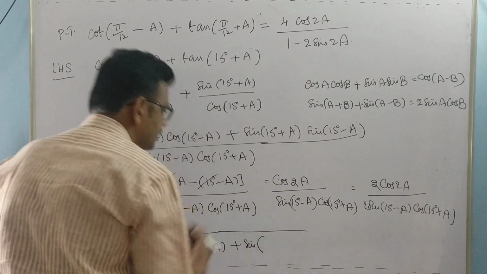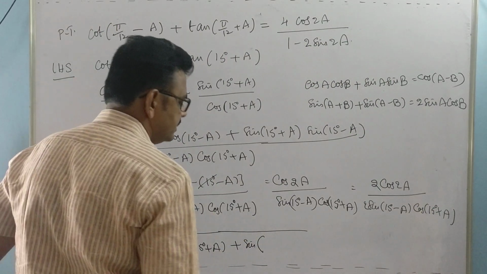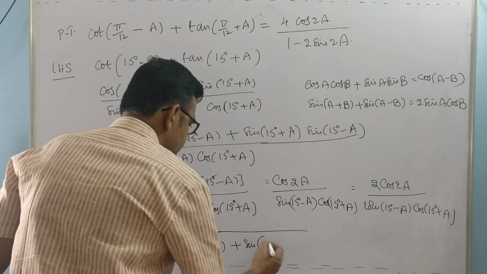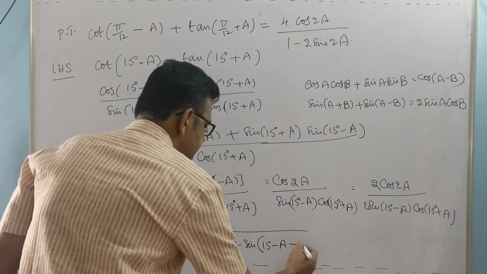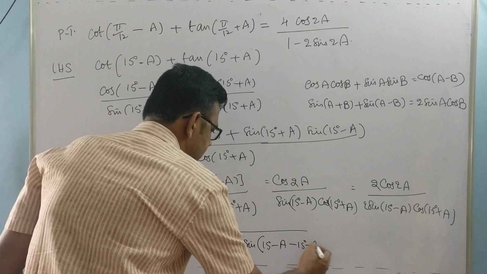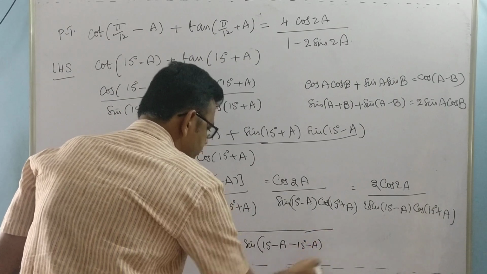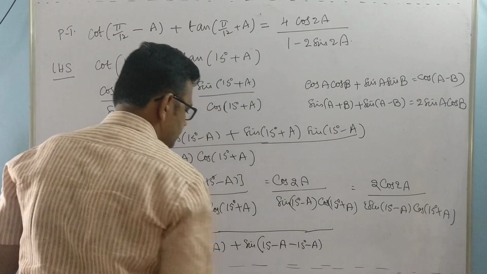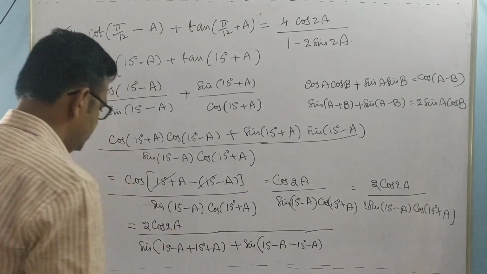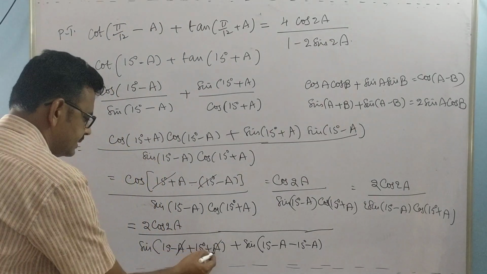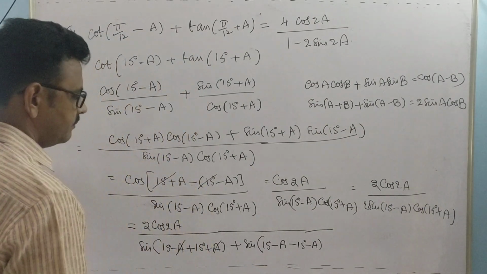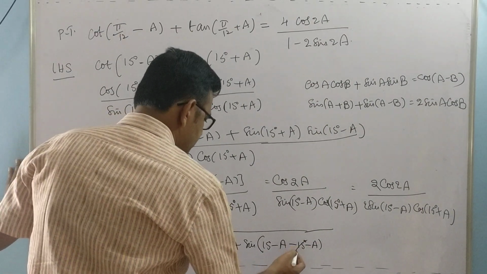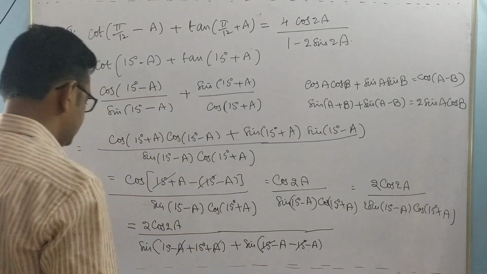Sin of A minus B, where A is 15 degrees minus A minus 15 degrees plus A, multiplying with the minus. So A gets cancelled here and 15 degrees gets cancelled.